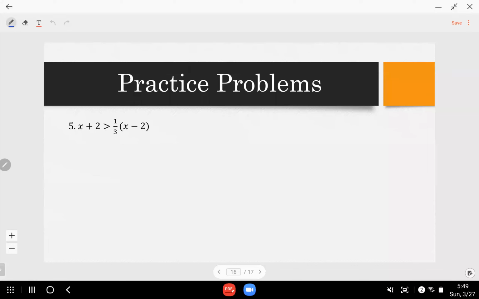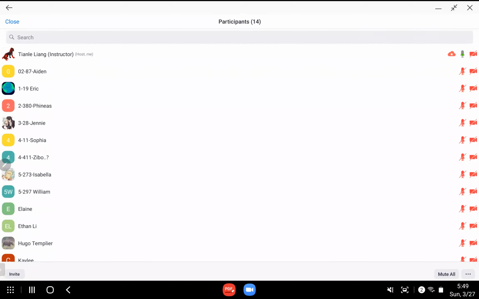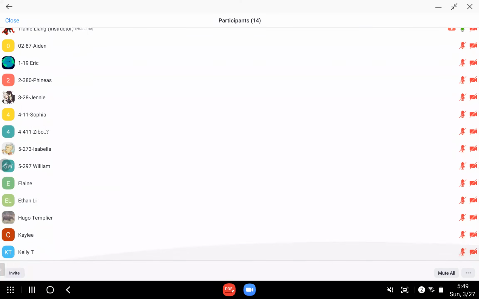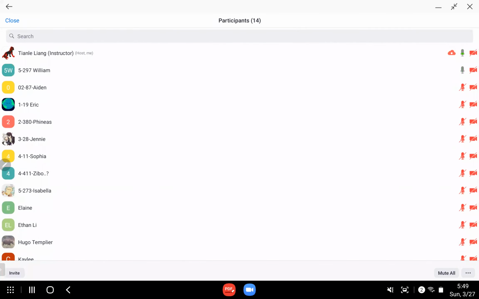We multiply everything by 3, then we can get this. Okay, 2x greater than negative 8. X is greater than negative 4, right? Did everybody understand how I did this?